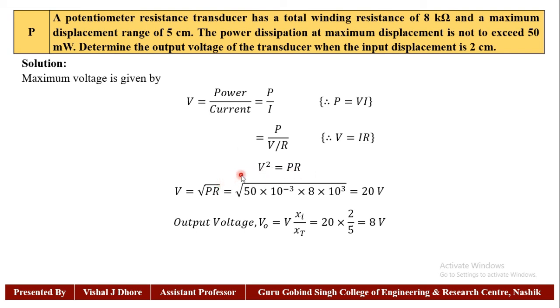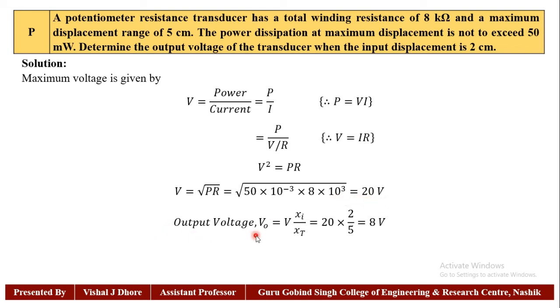Taking the single V, V is equal to the square root of PR, and power is 50 milliwatt, so it is 50 into 10 raised to minus 3, and resistance R is 8 kilo ohm, so it is 8 into 10 raised to 3. So we obtain the voltage as 20 volt.